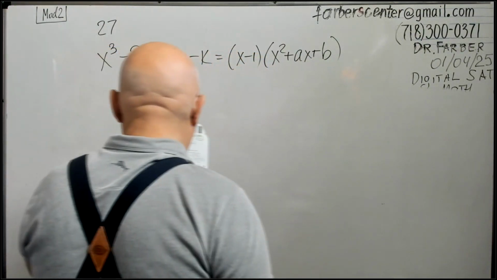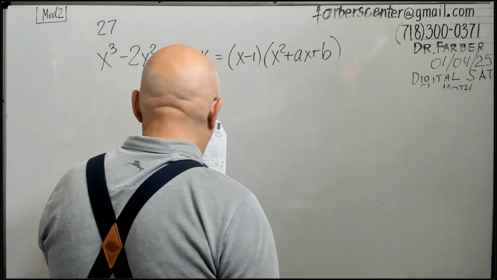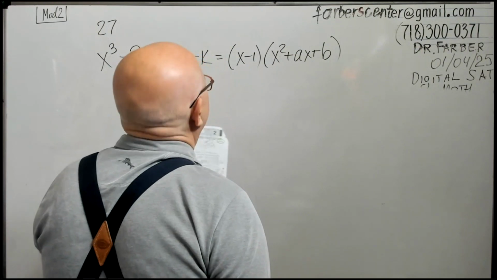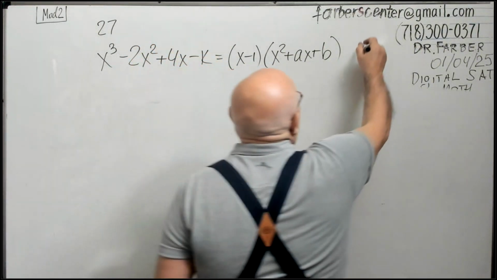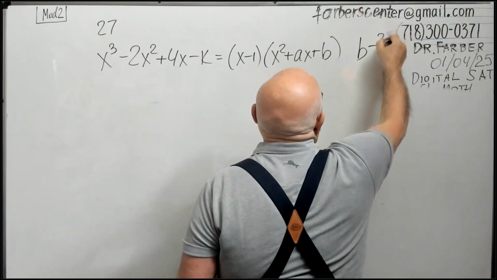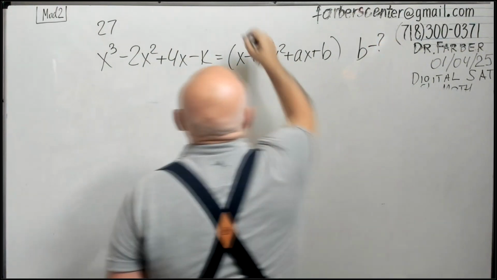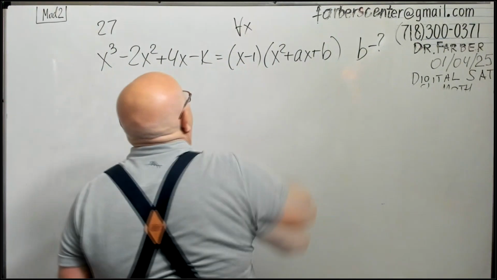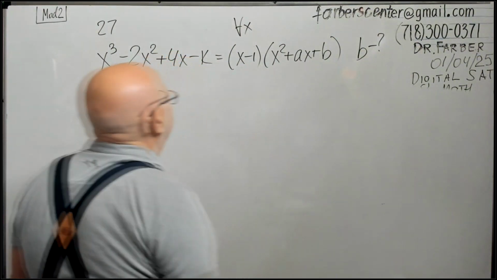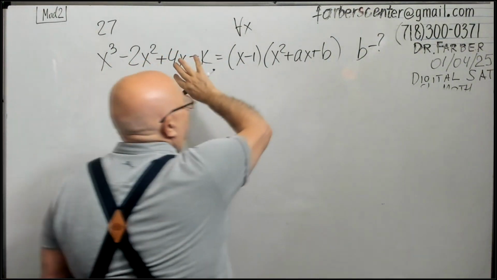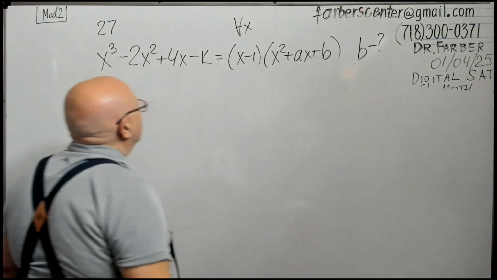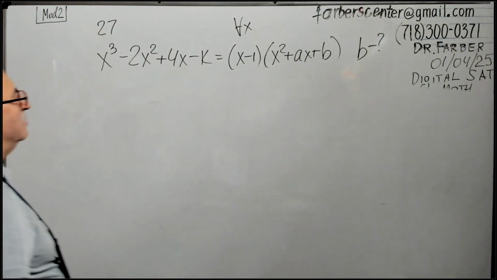What is the value of b? Where is b? This b. It works for all x. I can apply the same approach because if we choose x equals 1, I would eliminate this b. So what do you have to do?